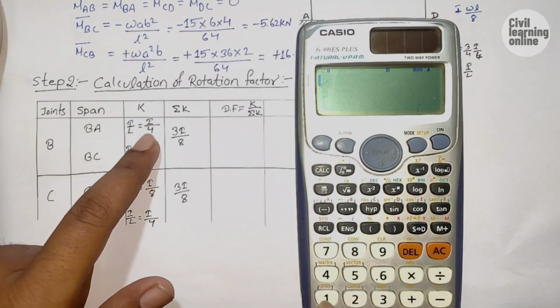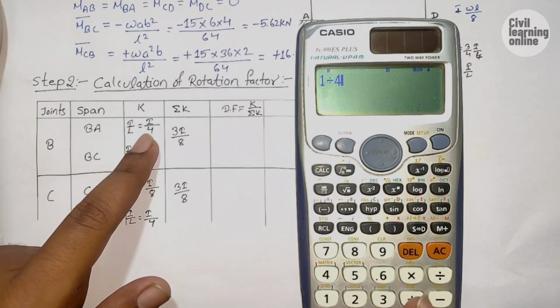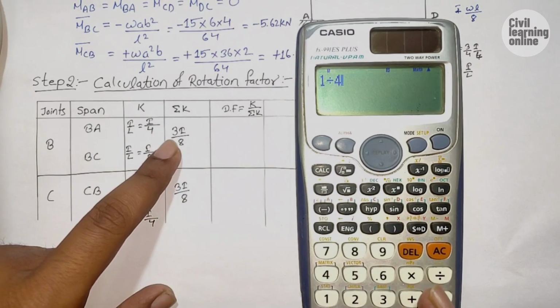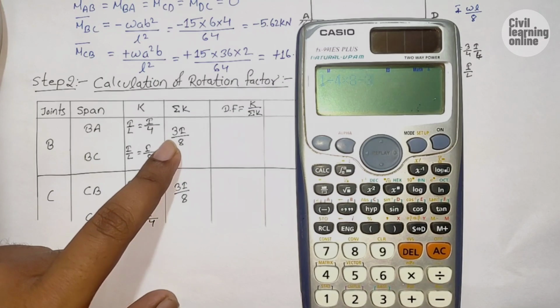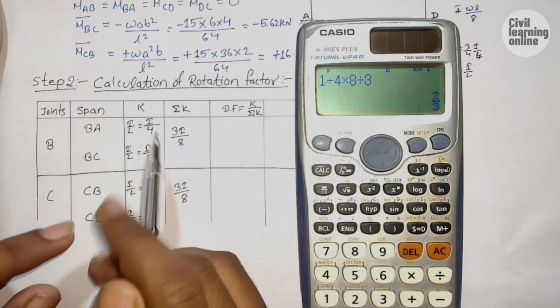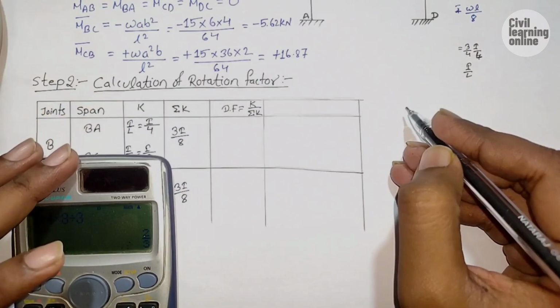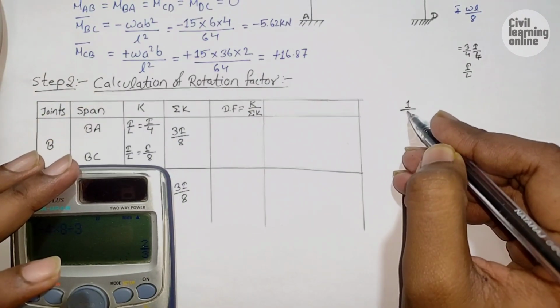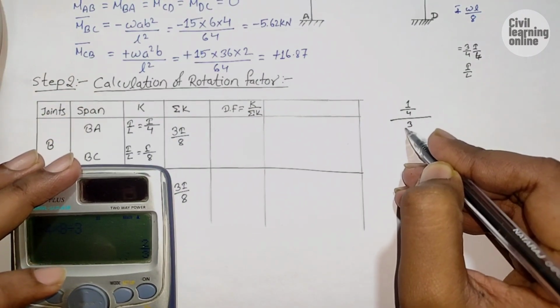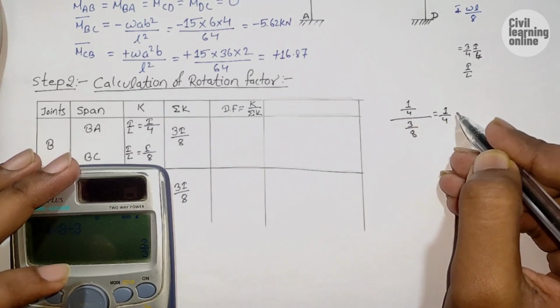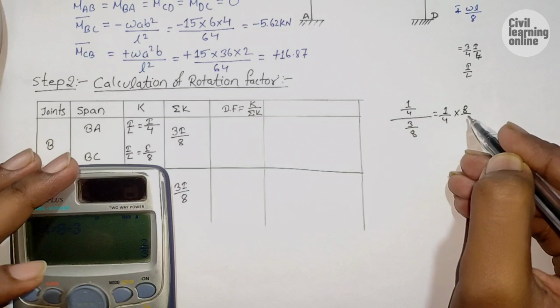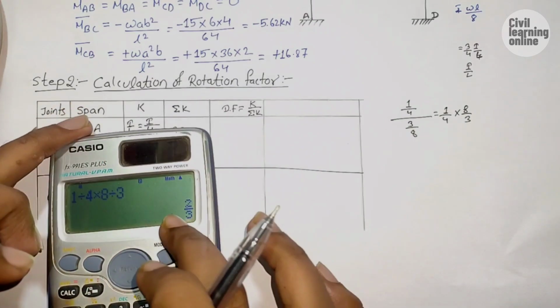Here it is 1 by 4, so 1 upon 4. Now it is 3 by 8, so multiply by 8 by 3. Here it is reciprocal, let me show you how it is done. 1 by 4 divided by 3 by 8, so we can write it as 1 by 4 times 8 by 3, and this is what I have done here.